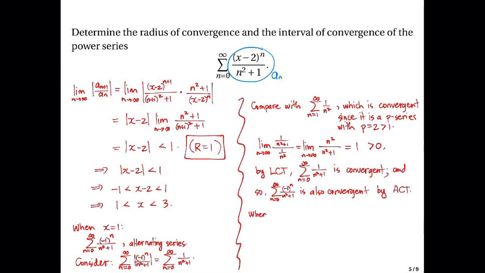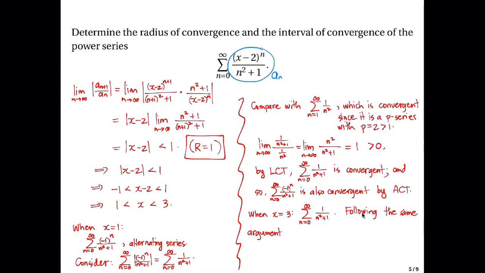Now, when x equals 3, we have the series. So 3 minus 2, that's just 1. So you have 1 over n squared plus 1, n from 0 to plus infinity. And that's precisely this guy here. Okay? So following the same argument as above, actually we are not just going to follow it.